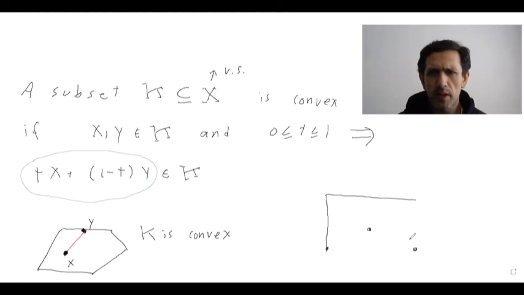On the other hand, let's look at something like this here, which is pretty horribly not convex. So I actually want these two line segments to be the same length. Explain why in a second. So maybe just make it a little longer. Anyway.